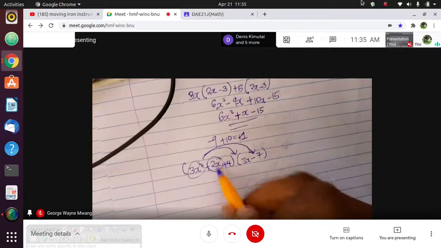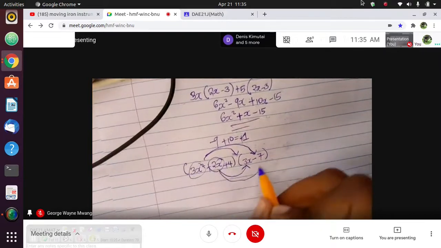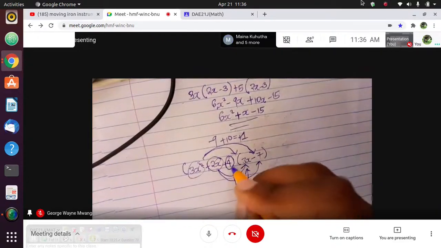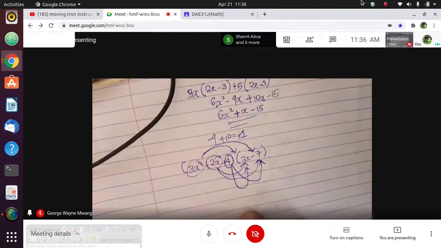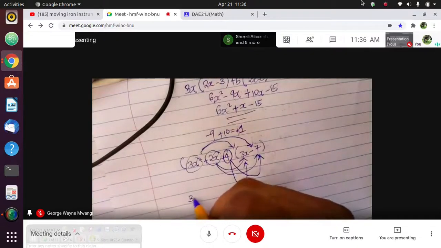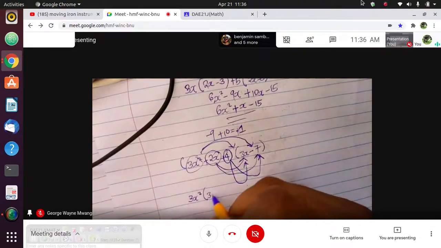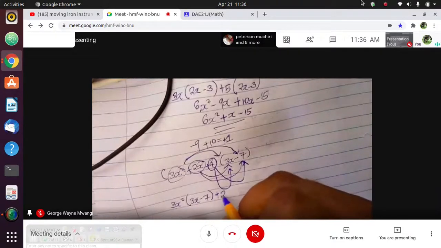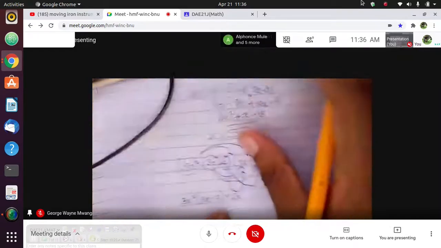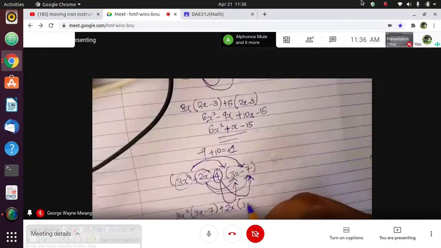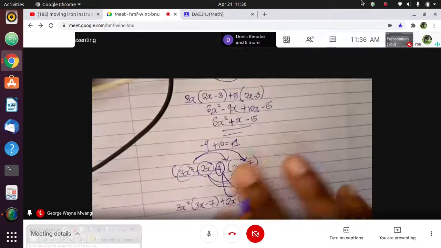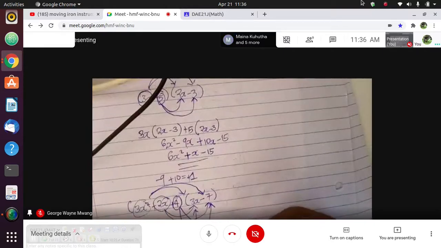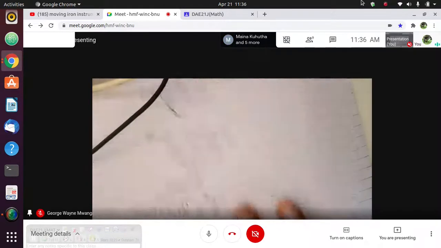We take the second value, we multiply by each of the values in the second bracket, and we take the third value and we do the same. 3x squared, we multiply by 3x minus 7. We take the second value in the first bracket, 2x, and multiply it by the values in the second bracket, 3x minus 7. And we do the same with the value plus 4. We multiply it with the values in the second bracket, 3x minus 7.